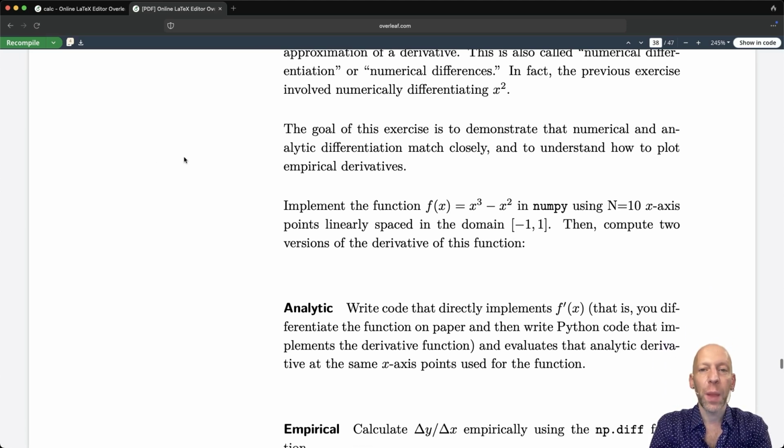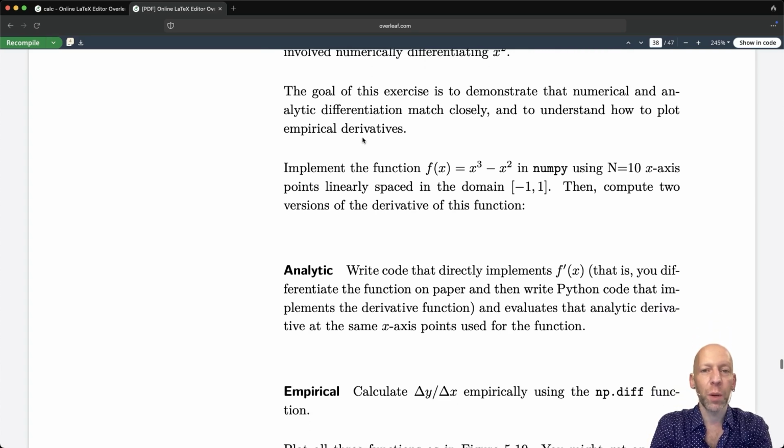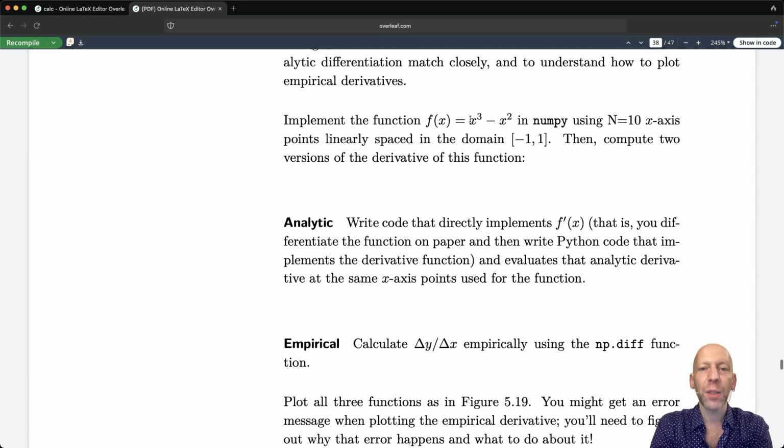In particular, we are going to be working with the function x cubed minus x squared. We're doing this all in NumPy, not using SciPy or SymPy, because we want numerical approximations and not the exact answer that we would get from SymPy.